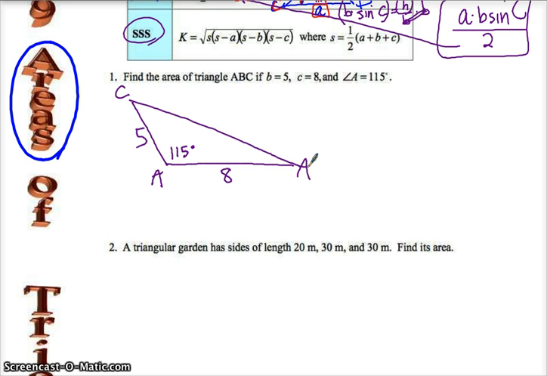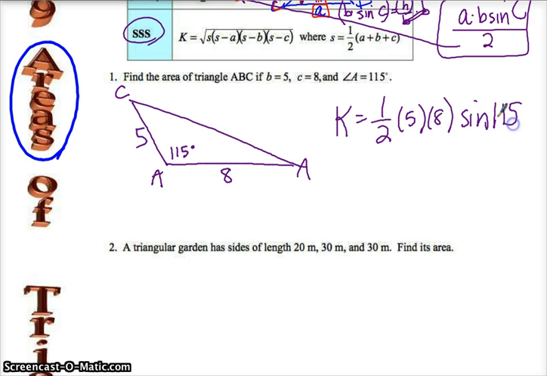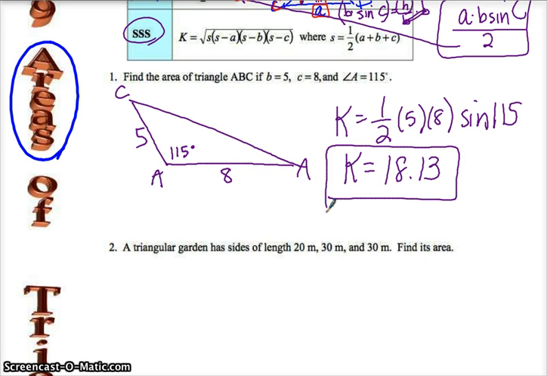Therefore, I'm going to use the area equals 1/2 the two sides times sine of the angle that's in between them. I'm going to grab my calculator, plug it in, and I get the area is 18.13. That's it.